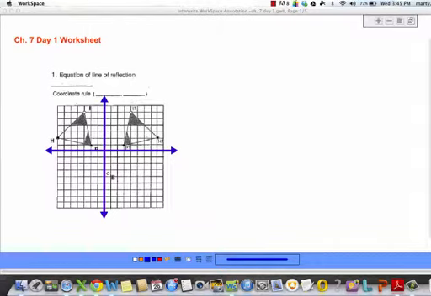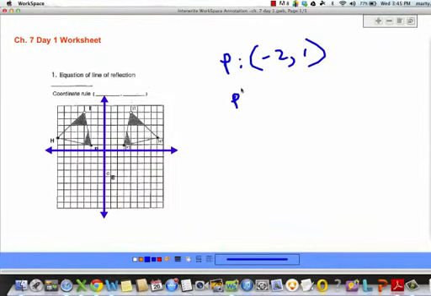So we want to find the equation of the line of reflection, and we also want to find the coordinate rule. That is, what did they do to this triangle HIP to get to triangle H prime, I prime, P prime, or H1, I1, P1? How did we get from here to here? If you examine the ordered pairs, P is at (-2, 1) and then P1 is at (3, 1).